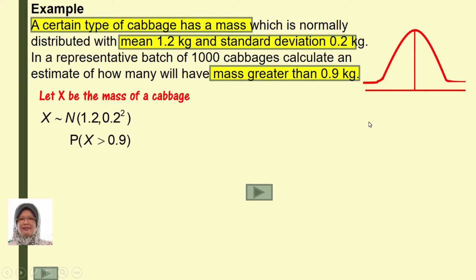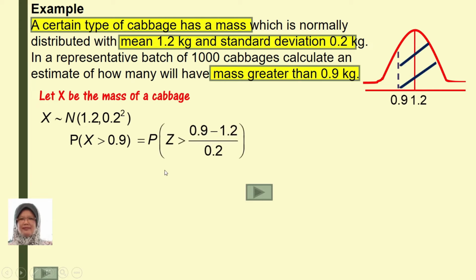We draw the graph of P(X > 0.9) with mean 1.2, and we draw the line at 0.9. The area is greater than 0.9. We must change X to Z, so P(Z > (0.9 minus 1.2) over 0.2).